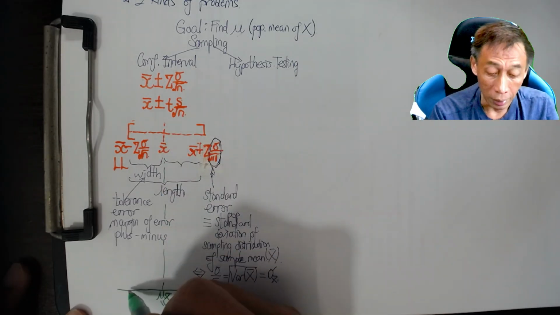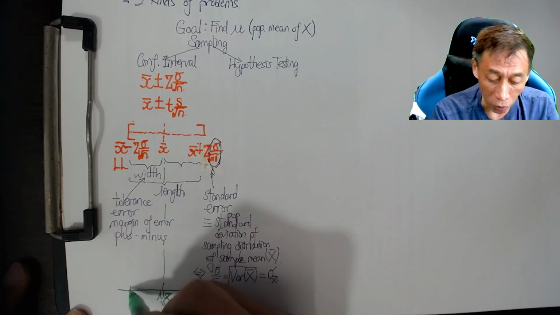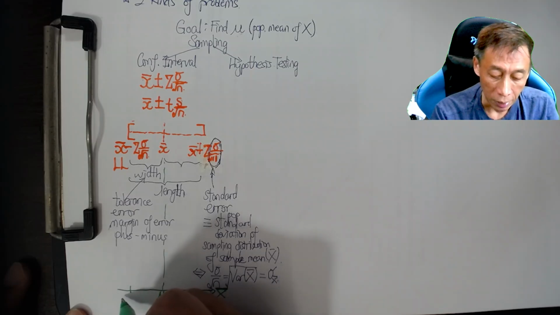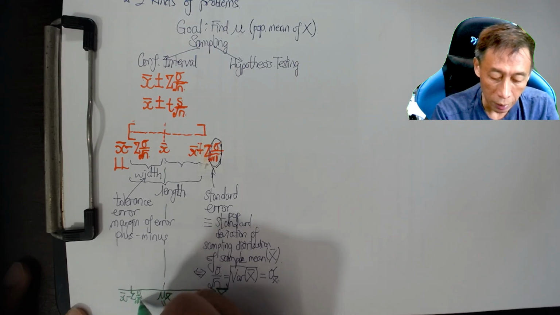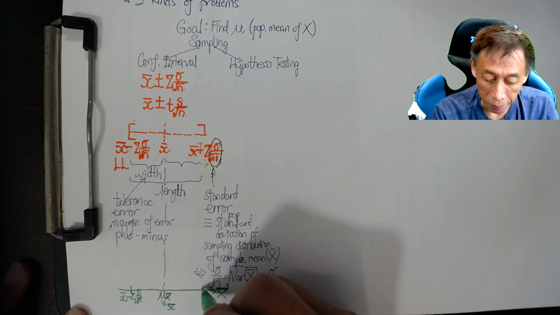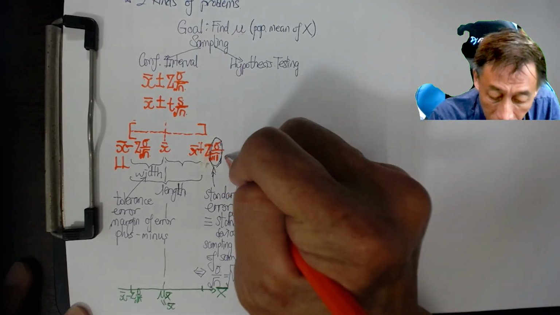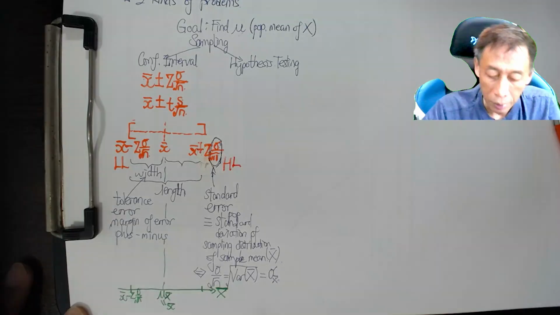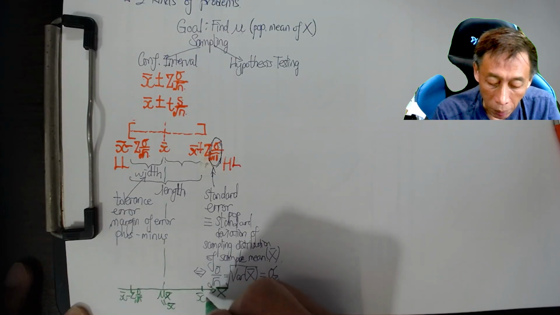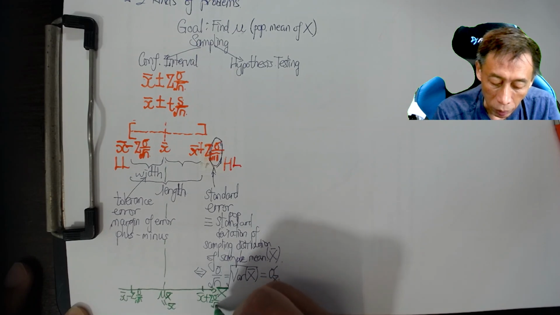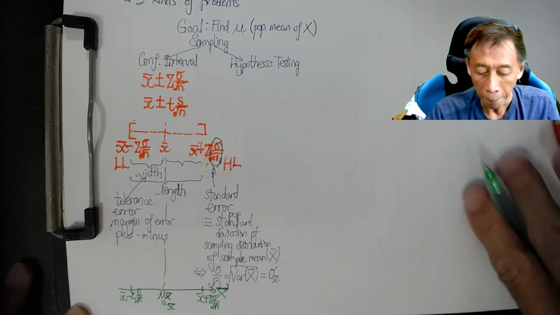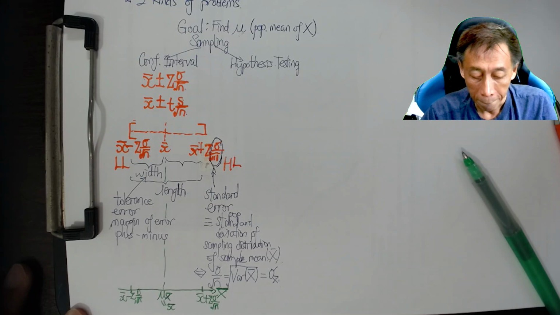And the lower limit is going to be given by X bar minus Z sigma over square root n. And the upper limit, the high limit, is going to be given by X bar plus Z sigma over square root n.